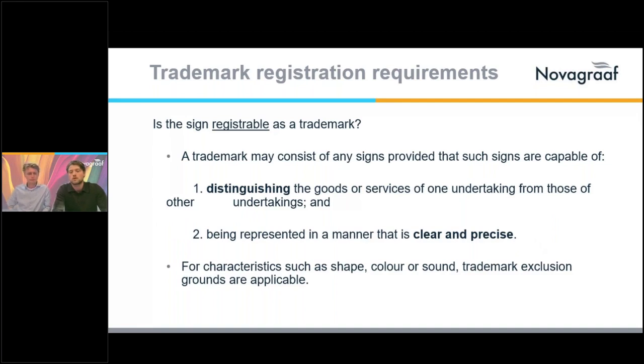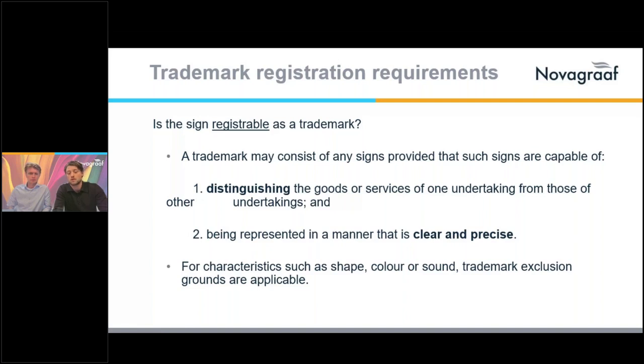One of the most important ones is distinctiveness, which means that a trademark is capable of distinguishing the goods or services of one undertaking from those of other undertakings. And secondly, it should be represented in a manner that is clear and precise. So trademarks or signs which are too complex cannot be registered as a trademark because the public should easily recognize the trademark.